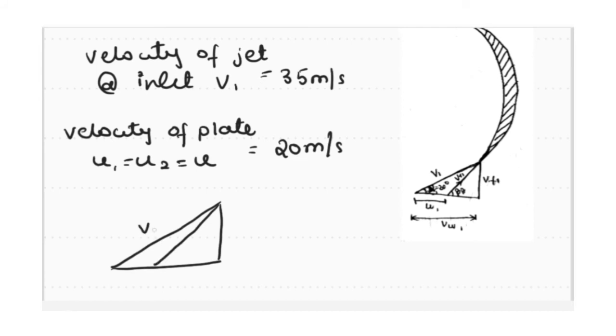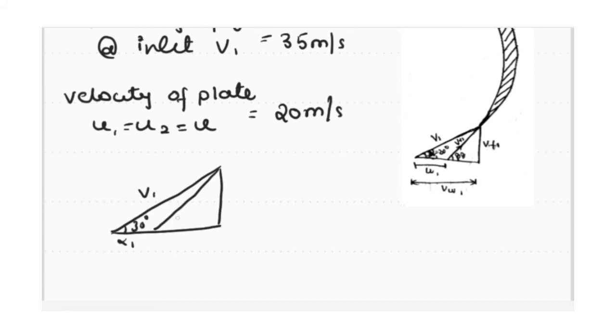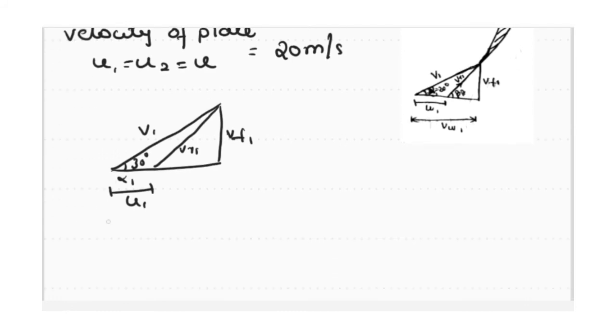This is v1 and this is alpha 1 equal to 30 degrees, and this is vr1, vf1, u1, and this is beta 1, and I will name this triangle A, B, C, D. So we'll solve this triangle and calculate all the components of the velocity triangle.